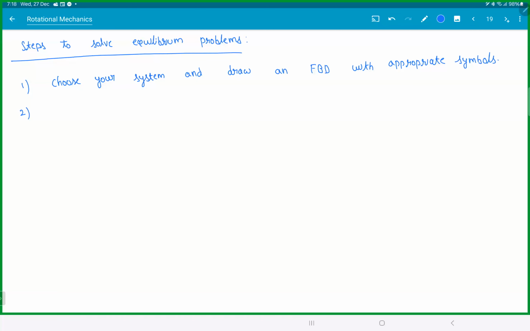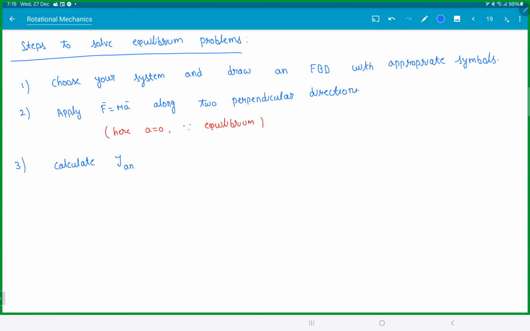Second, apply F equals MA along two perpendicular directions. In this case, A is 0 because it is an equilibrium. Later on, we will see when things move, but for now, things are not moving.